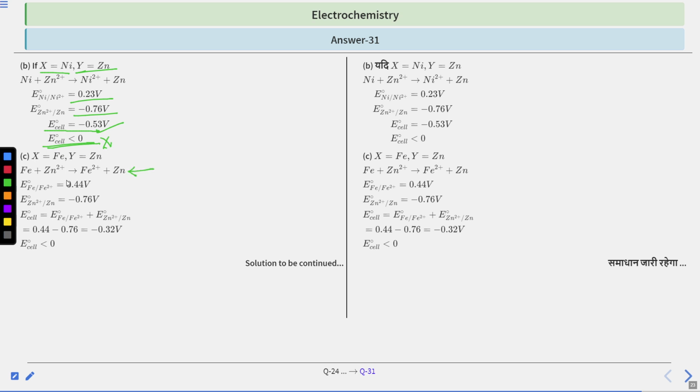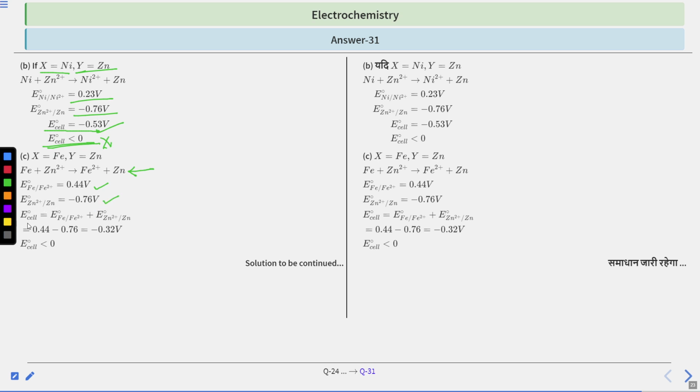In option C, it is given that X is iron, Y is zinc. Again, let's write the reaction. Iron plus zinc 2 positive, giving us Fe2 positive plus zinc. We are just putting the X and Y values in the initial reaction given in the question, and E naught is given also. E naught of Fe and Fe2 positive is 0.44 volt. E naught of zinc 2 positive and zinc is minus 0.76 volt.